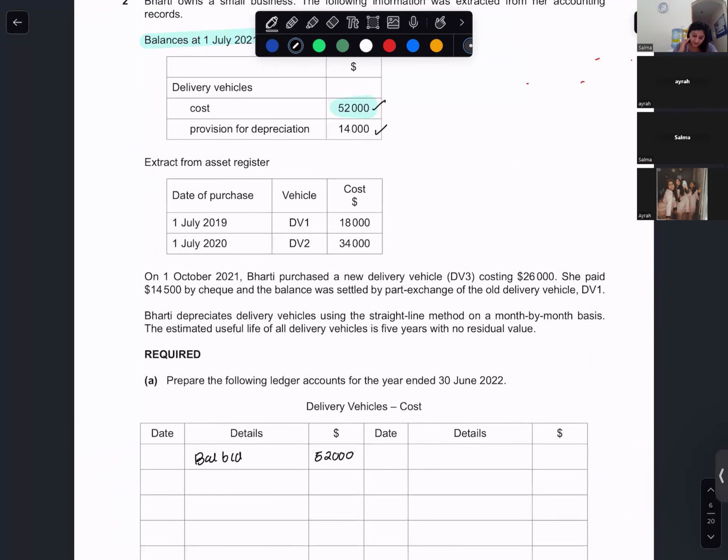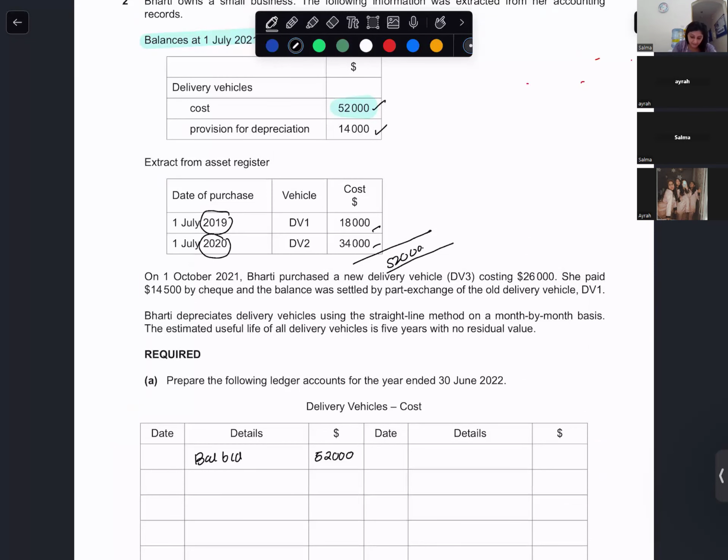Then you have an extract of your asset register. That means you have two vehicles. One was purchased on July 1 and the other was purchased in 2019. So the total is coming up to 52,000.